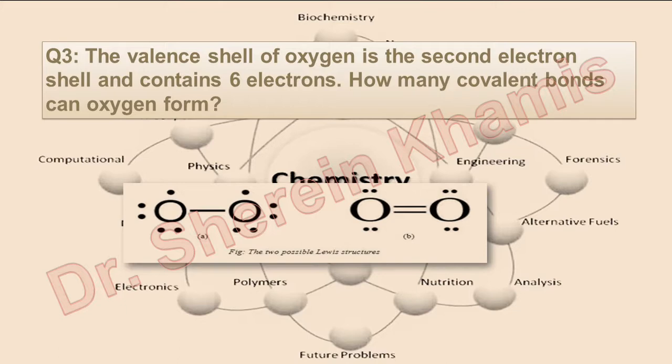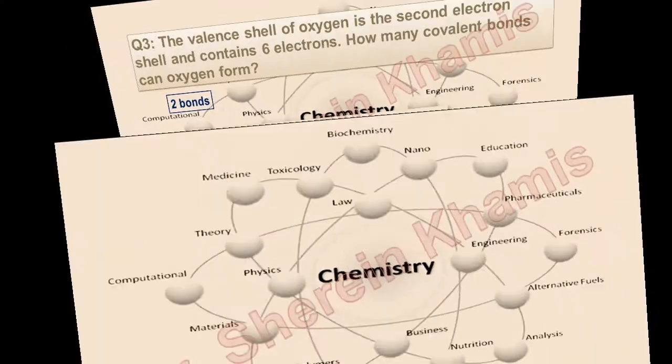Here oxygen makes a double bond, so it will make 2 covalent bonds, as it needs 2 electrons to complete the valence shell and reach the octet structure and become stable in the end. Okay, so let's go to question number 4.